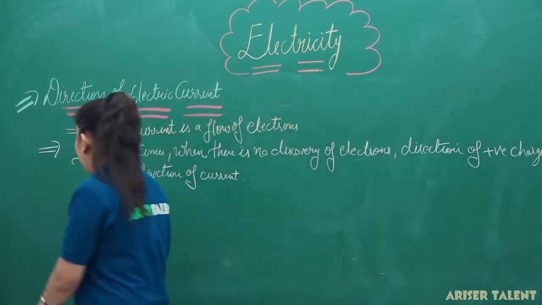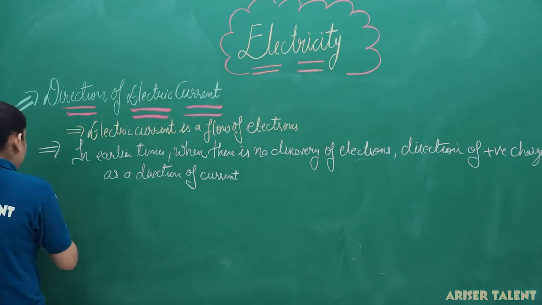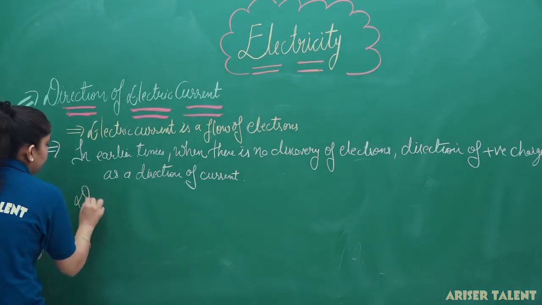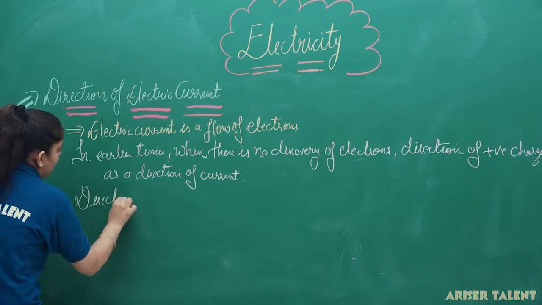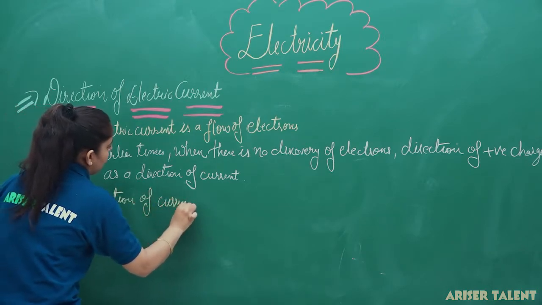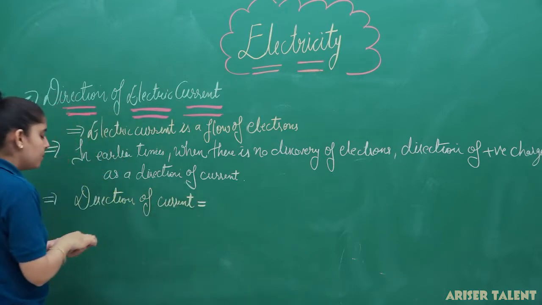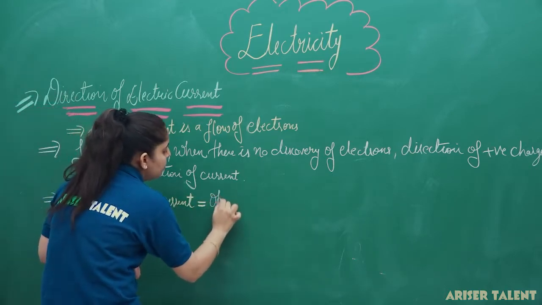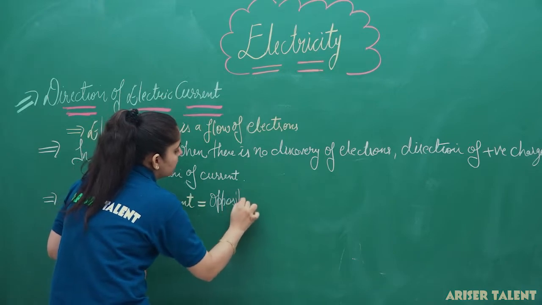So I can say that the direction of current is opposite to that of the flow of electrons.